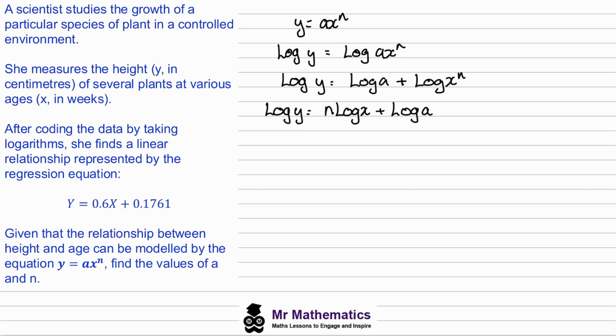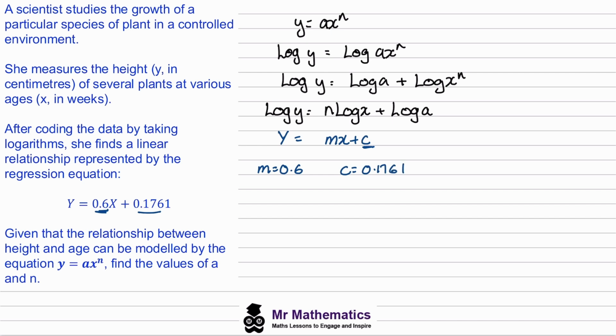And if we map this onto the equation of a straight line graph, then y will equal mx plus c. And we've been given the gradient m as 0.6. And the intercept c is 0.1761.